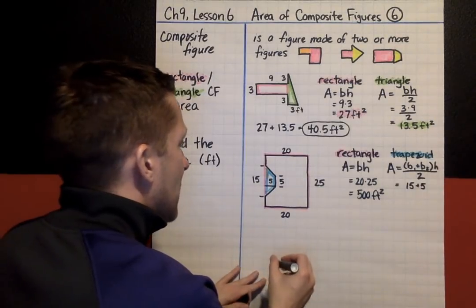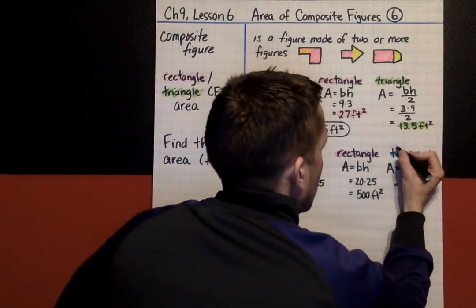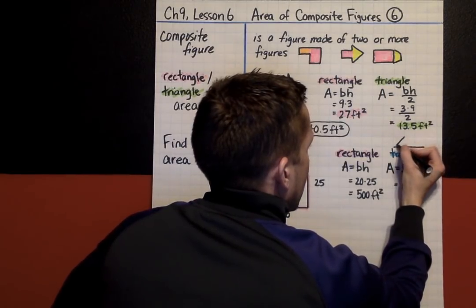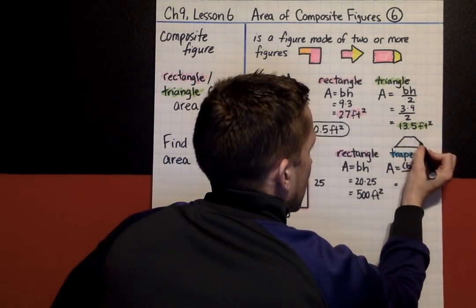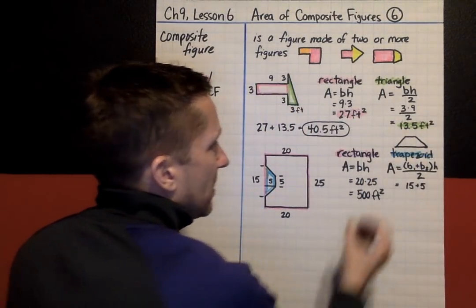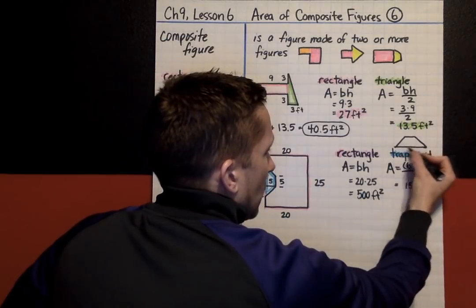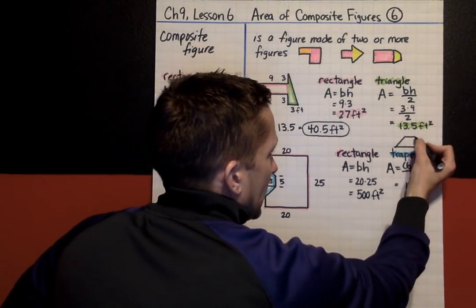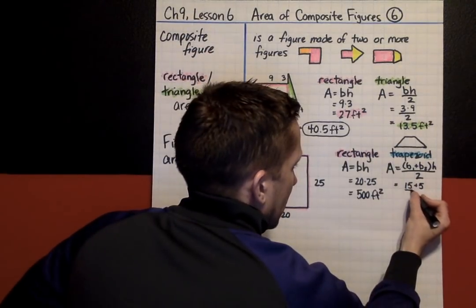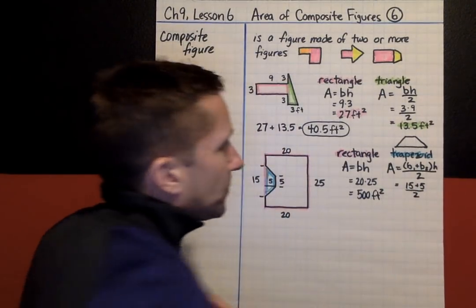If my trapezoid, actually I'm going to draw it right here. What I'm talking about is if we turned this sideways, here is the trapezoid. It looks like that. I just took this piece out and I turned it this way. So base 1 plus base 2, and then this is the height, this line, and then divided by 2.